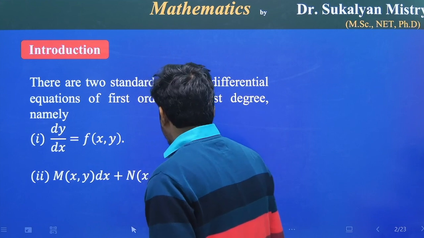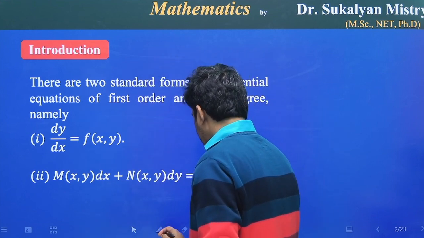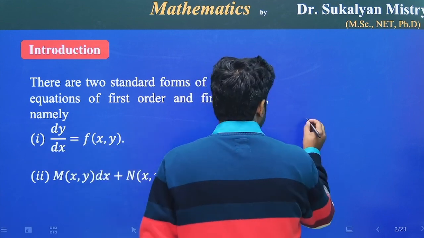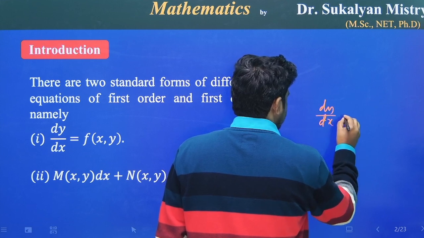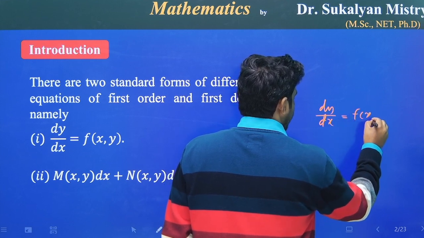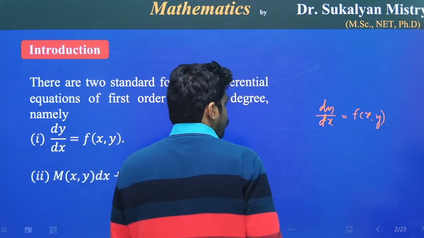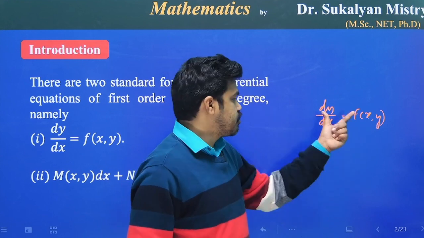Basically there are two standard forms of differential equation of first order and first degree. They are dy/dx is equal to f(x,y). So this is the standard form of first order and first degree differential equation.